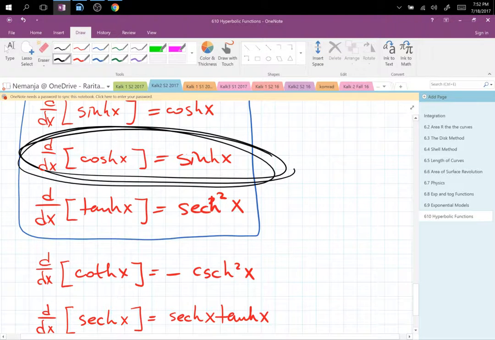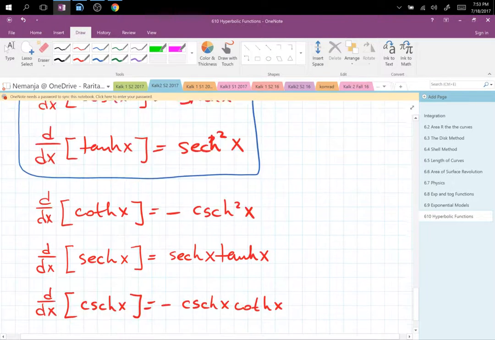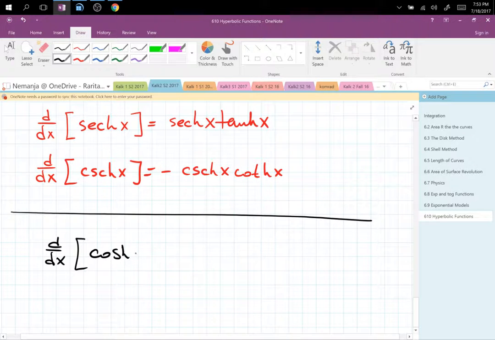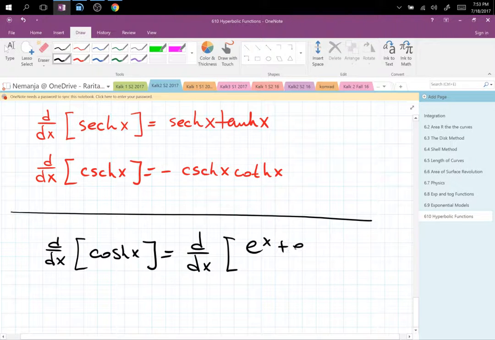You are used to having a negative sign when you take the derivative. Well, it's very simple to show that, because all you need to do is work it out from the e form. Take the derivative, just a basic derivative.